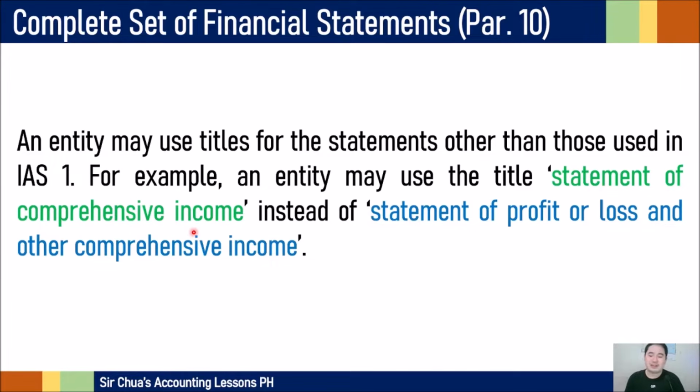IAS 1 allows you to use a title other than those that are listed in IAS 1. Basically, if it will maybe make it more understandable, no? But I suggest you stick with what the standard tells you, diba? No? However, yun nga lang, meron tayong however. IAS 1 under paragraph 10 tells you that you may use titles other than that is mentioned in the standard.